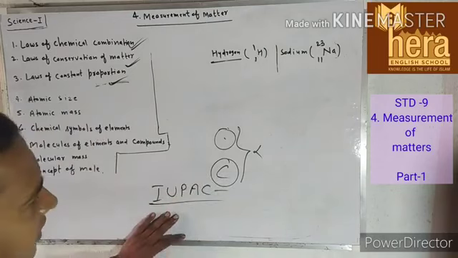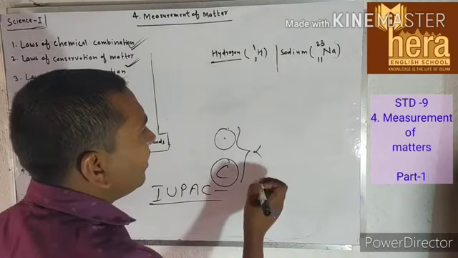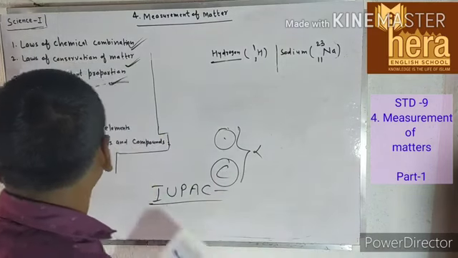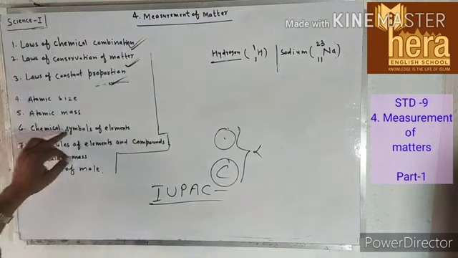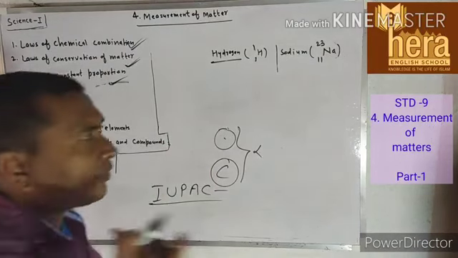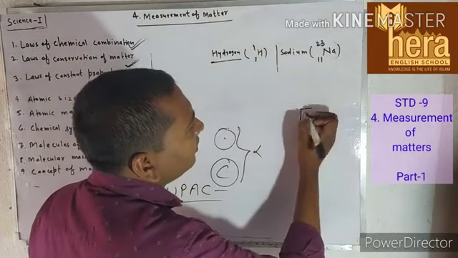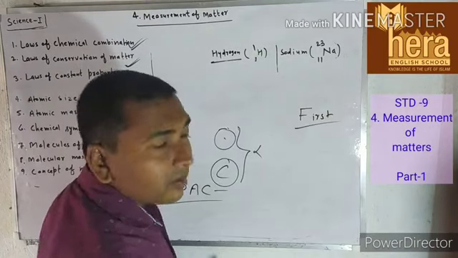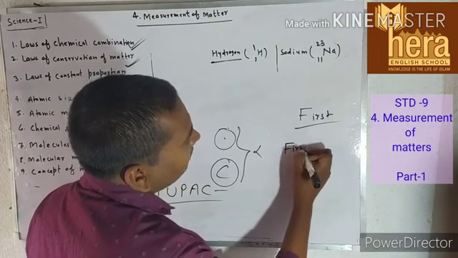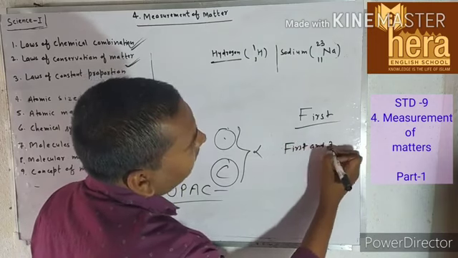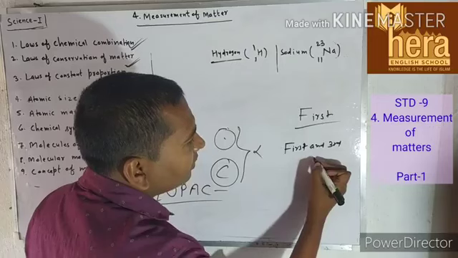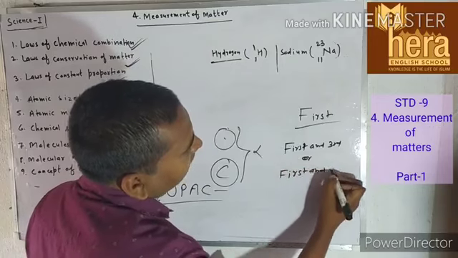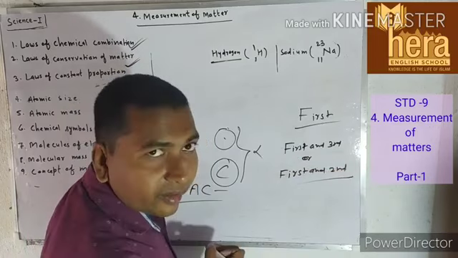According to IUPAC, if you want to write the chemical symbol of an element, we prefer either the first letter, or first and third, or first and second.